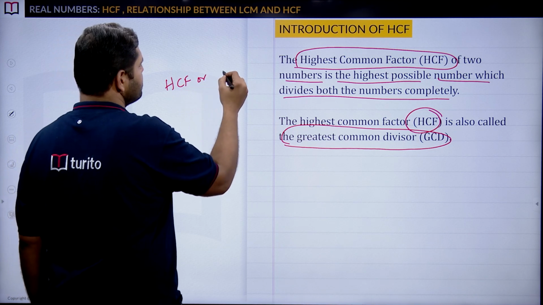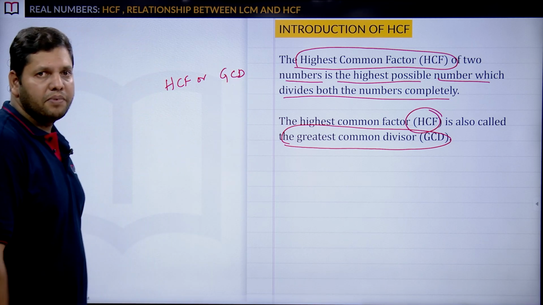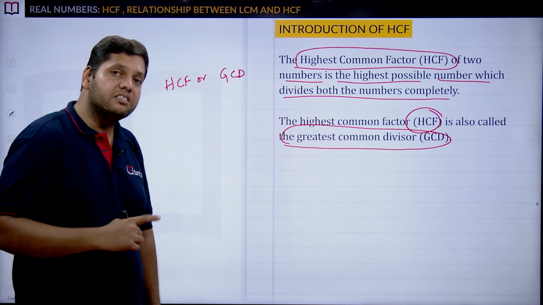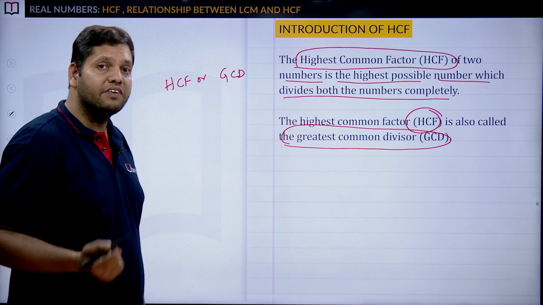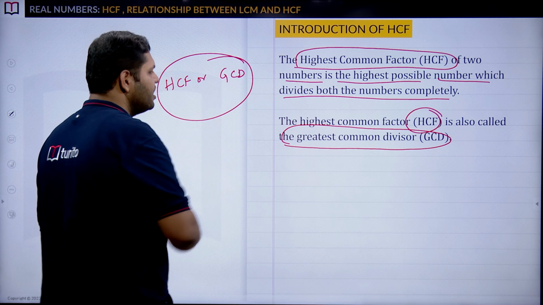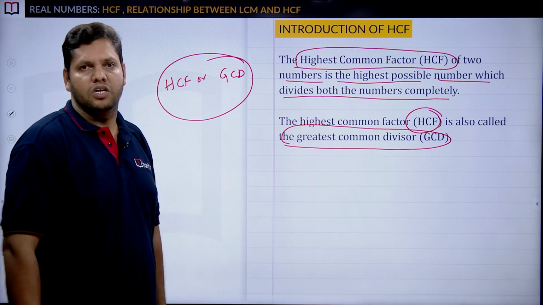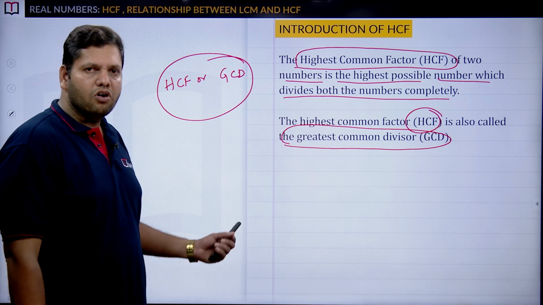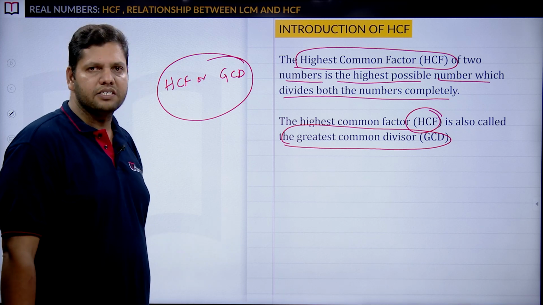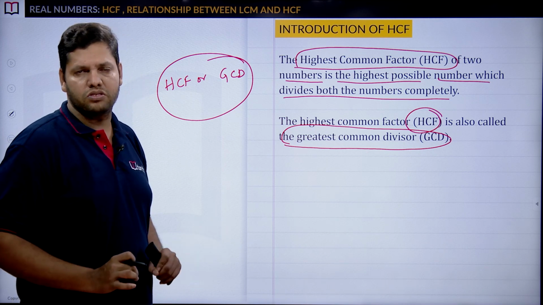HCF means highest common factor and GCD means greatest common divisor. The only thing is the names are different, but the meaning is same. Finding the value is also same. Clear, children, regarding the definition or any doubts?